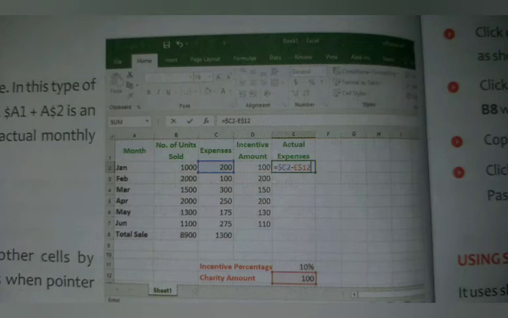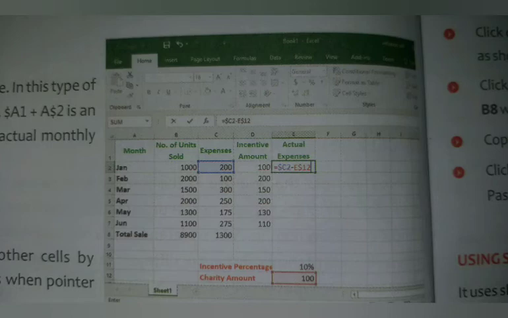In this example, we are going to find out the actual expenses. The formula for finding out the actual expenses is expenses minus the charity amount. The charity amount is given in the cell E12. So the value of E12 will not change. It will be the same for the entire formula.